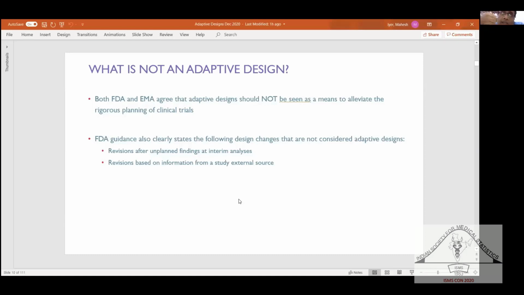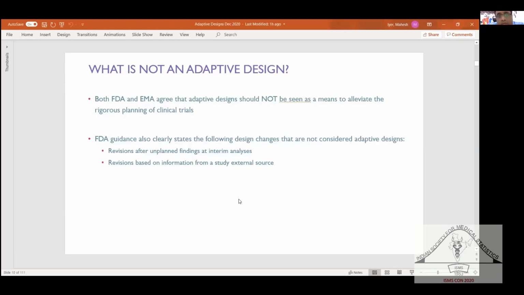So now if I change my endpoint, that is not considered to be an adaptive design, because that information did not come from within the study. Okay, so for an adaptive design, you have to plan upfront. It has to be based on data you find within the study, and then there are different aspects that you can adapt. Okay, clear?